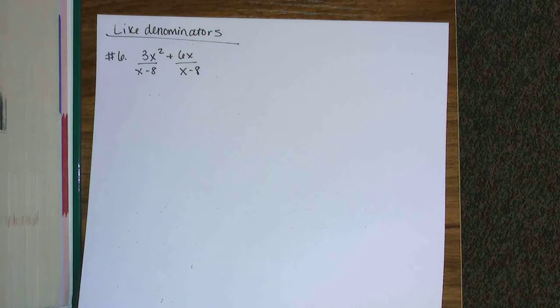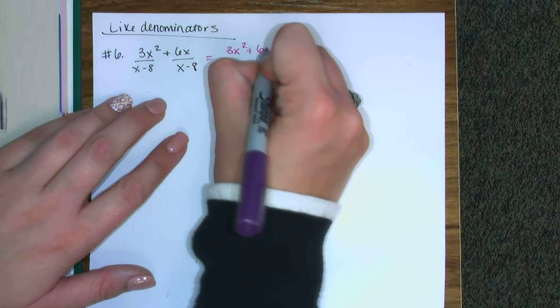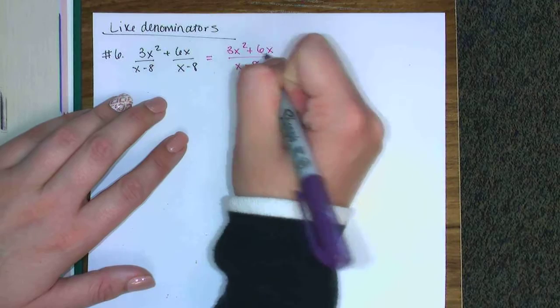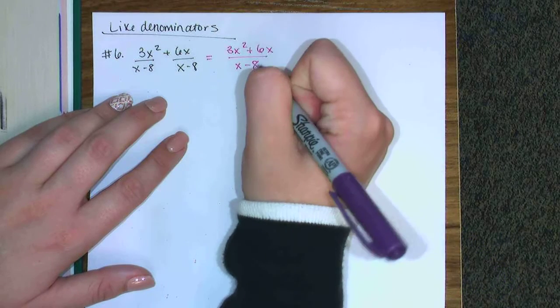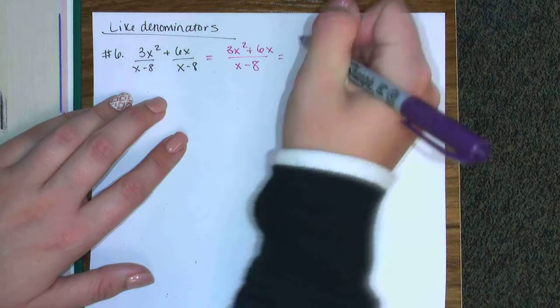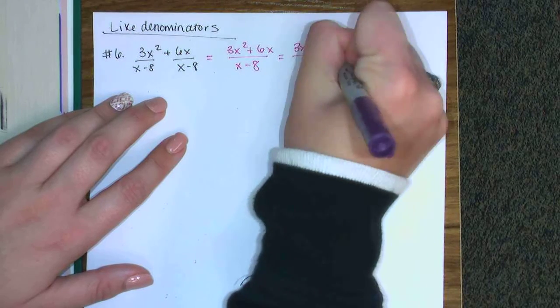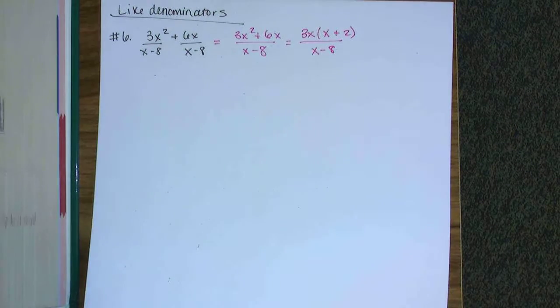So, since I basically gave you the answer, we write the top two things together over one of the bottom denominators, so we get 3x squared plus 6x over x minus 8. Okay, but we want to factor stuff out if we can to simplify it down as much as possible, just on the off chance we can cancel stuff out. So we would factor out a 3x, leaving us with x plus 2 over x minus 8. And that would just be your answer for that one.